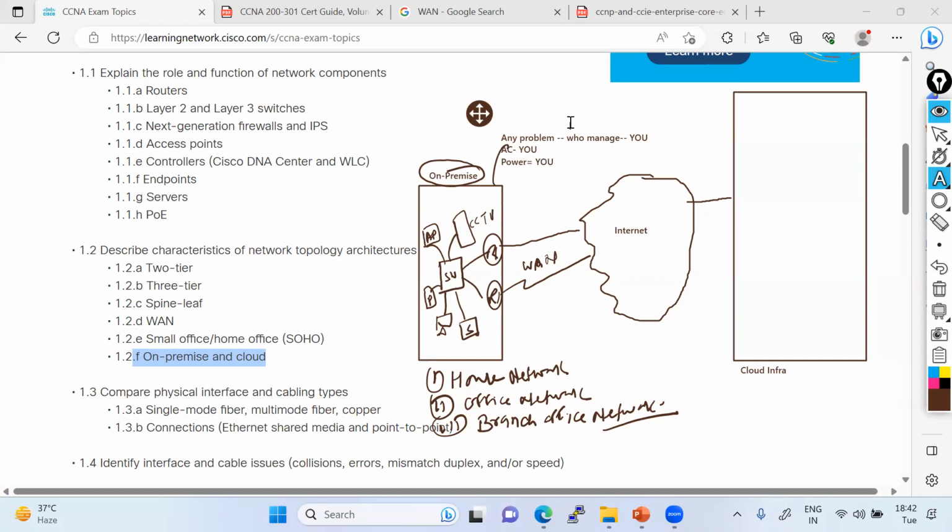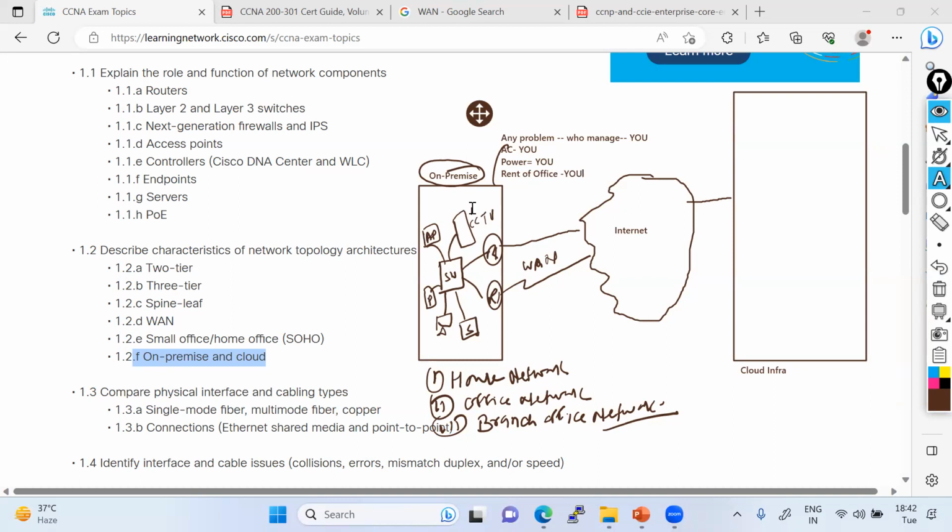You. The rent of office, who will provide? You. So that means everything inside of this your building belongs to you and you manage. Everything you provide belongs to you and you manage that, right?